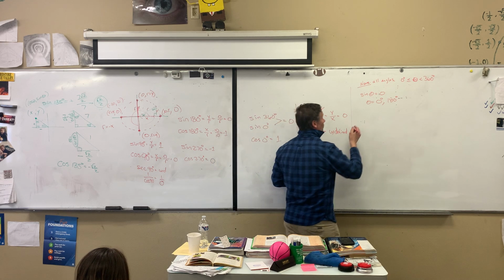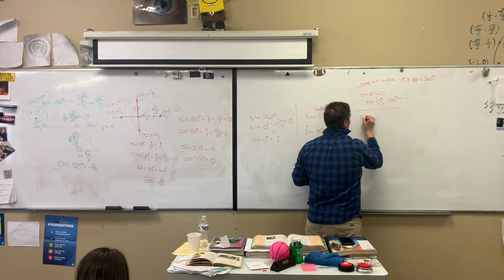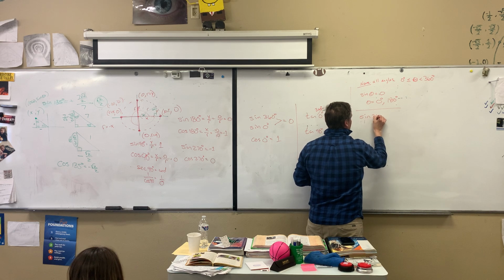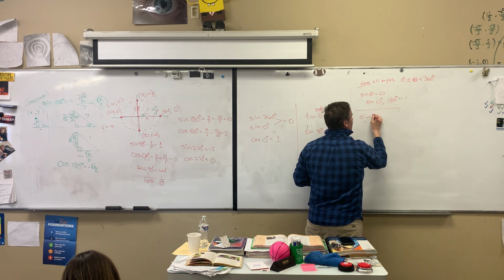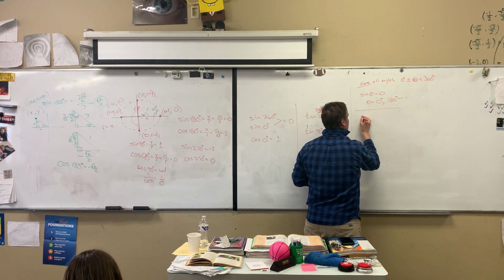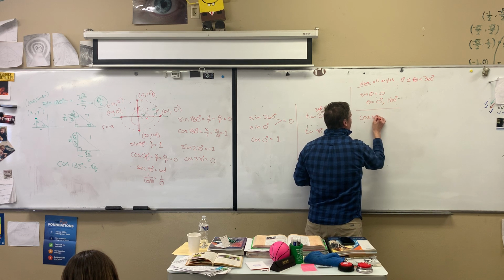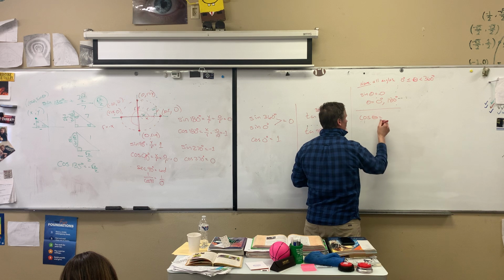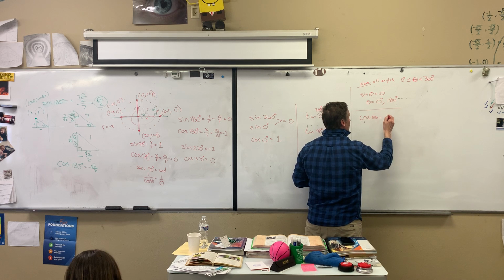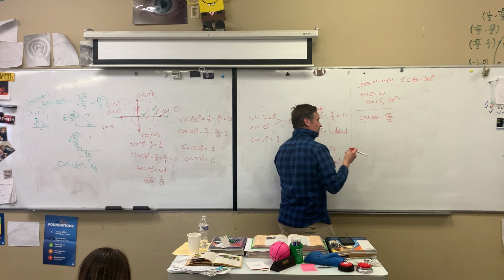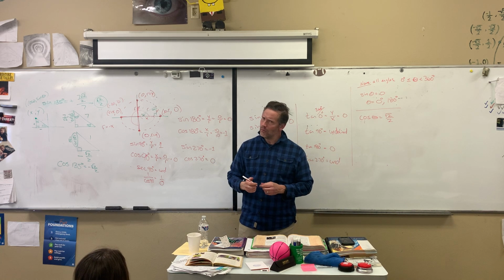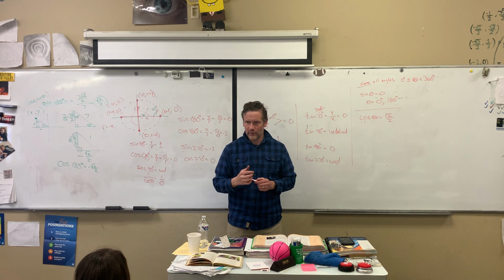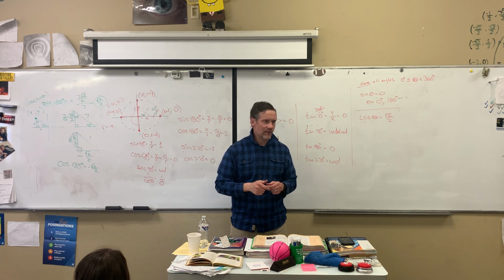So another one, along the same lines, let's go with sine of 30 degrees. I'm sorry. Actually let's do cosine of theta, because we haven't used cosine in a little bit. Cosine of theta is equal to root 2 over 2. Now what that tells you is, what kind of angle measure are you dealing with? 45.